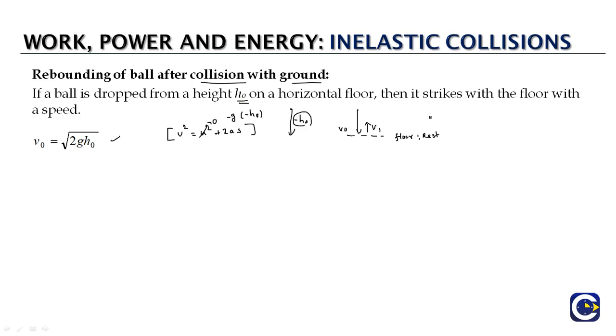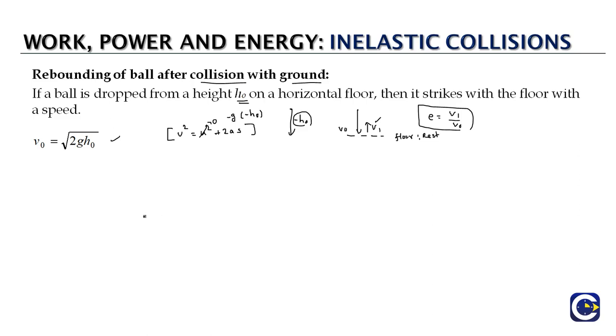So the value of e will be equal to v1 by v0, which is the relative velocity of separation after the collision, because the ball is moving away with a speed v1, divided by the relative velocity of approach before the collision, which is v0. So the coefficient of restitution for this collision will be simply v1 by v0.